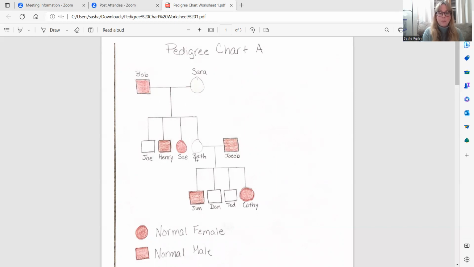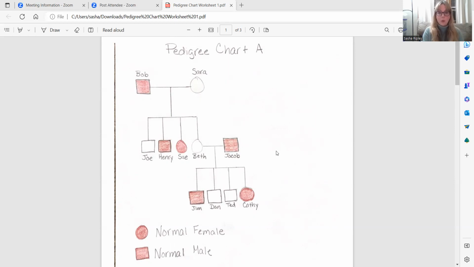Then you'll notice that Beth is connected here to Jacob, and then they are connected to more children. So that means that Beth and Jacob have had offspring, and Jim, Dan, Ted, and Kathy are the offspring of Beth and Jacob. So again, fairly simple.